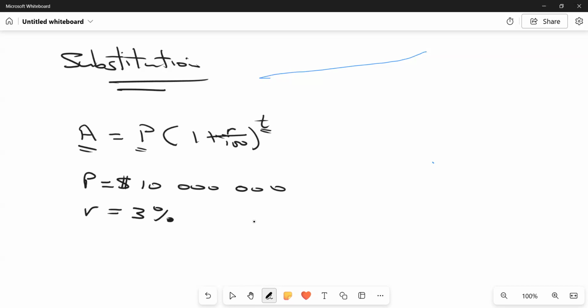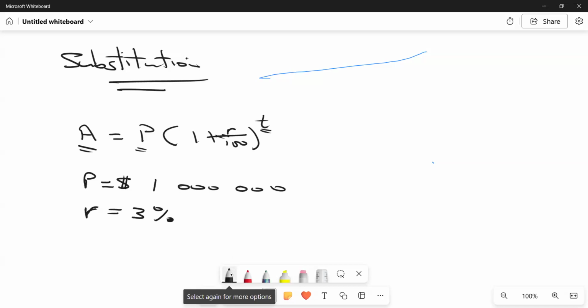I think some fixed deposits hover somewhere around 3. Let me go with a more realistic amount, I'm being unrealistic: $1 million. At 3%, and let's say you leave it in there.